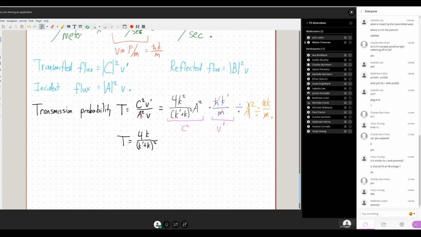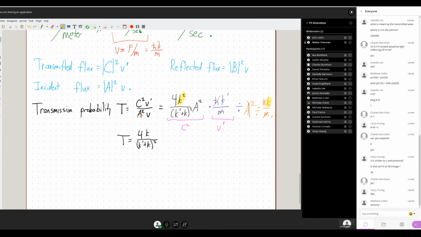But this k squared, I'm going to highlight, this k squared cancels with this k to leave me just one k in the numerator. And then I have this k prime giving me that for the transmission probability. So in the end, we got a pretty simple formula.